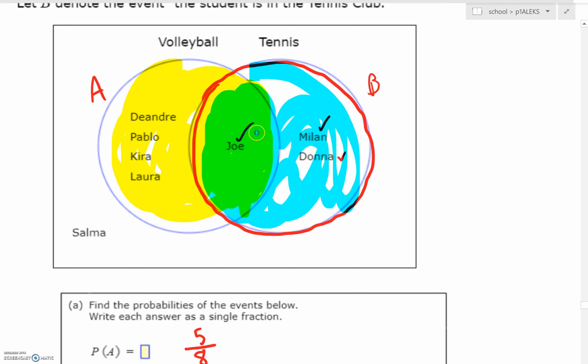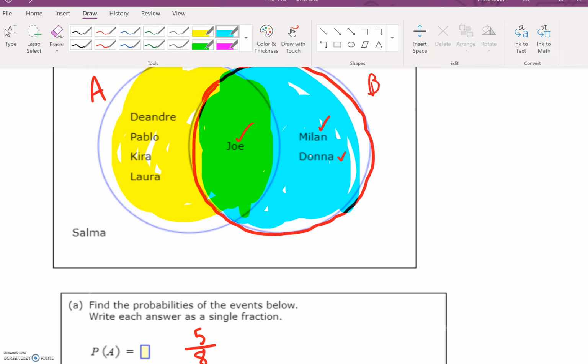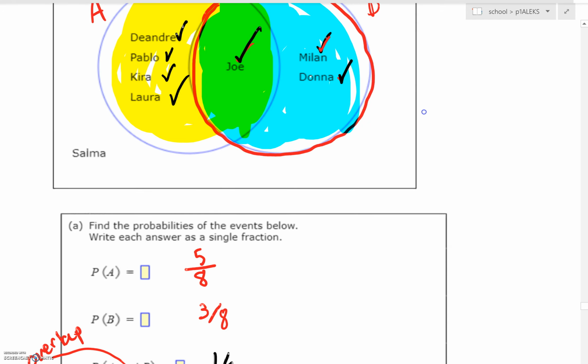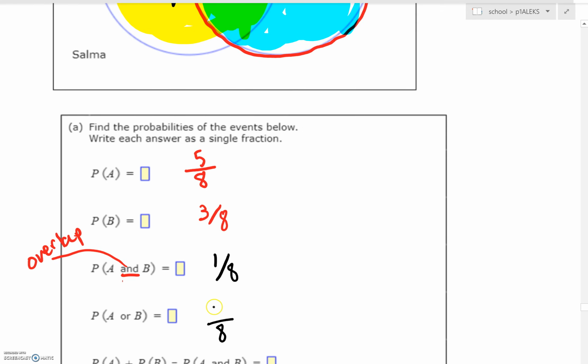This blue and the yellow are making the green. So you're in volleyball or tennis. That's going to be anybody in circle A or circle B or both. So we've got 1, 2, 3, 4. Joe's in both. That's 5, 6, 7. It's okay to be in both. This is what we call an inclusive or. So that would be 7 out of 8.